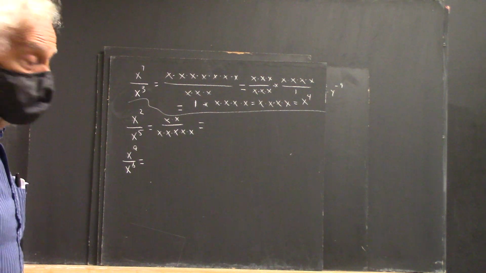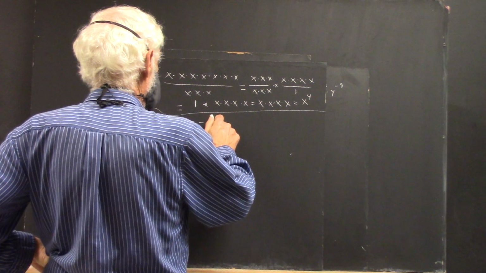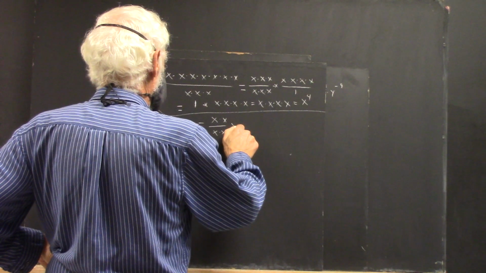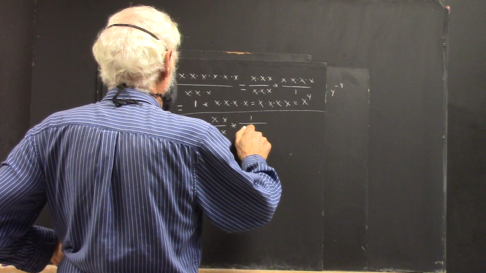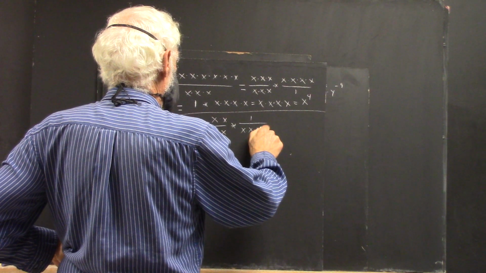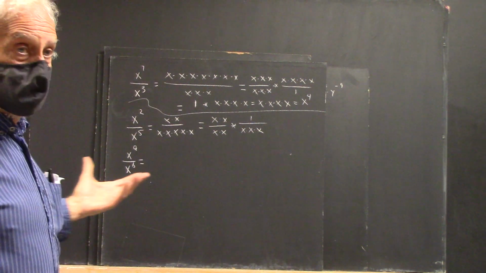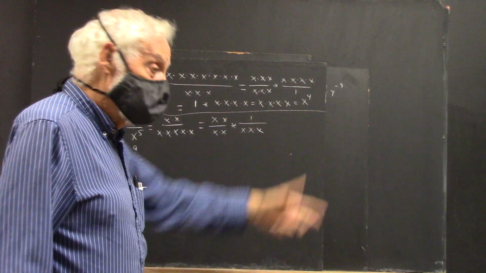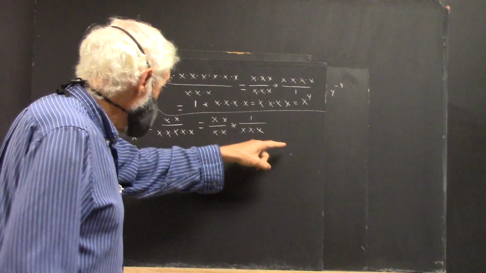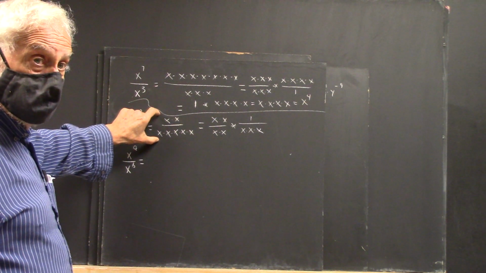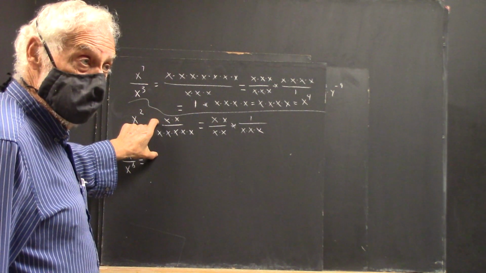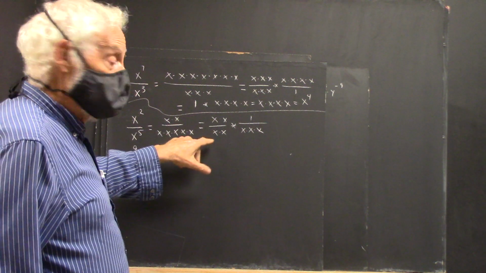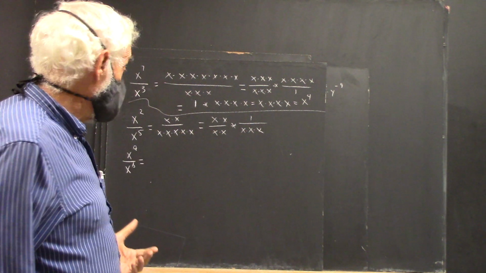Right? And that equals what? Equals this. Okay? Because if you multiply this out, you multiply the numerators and multiply the denominators, you get this, right? So this has to be equal to this. So what we did is we just factored out the x times x from both the numerator and the denominator.